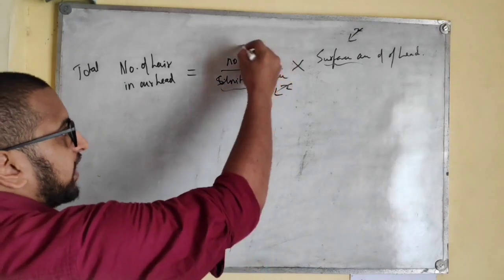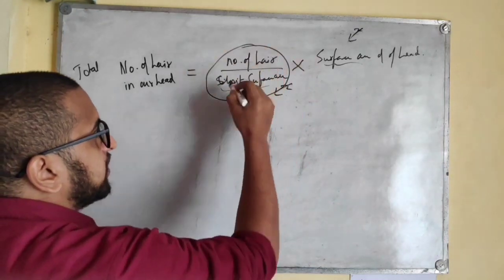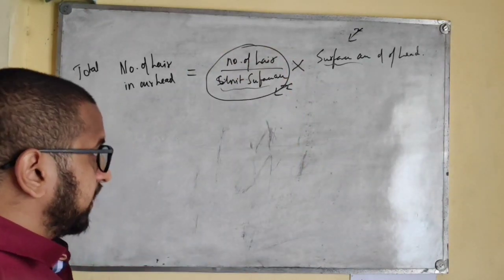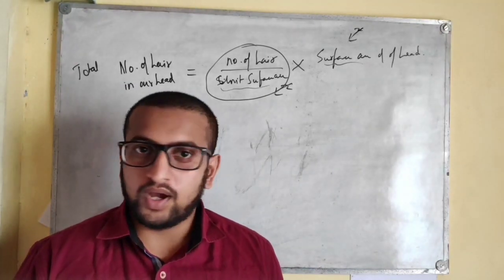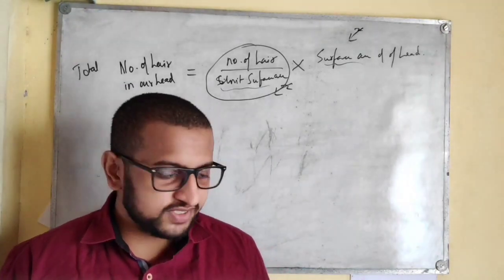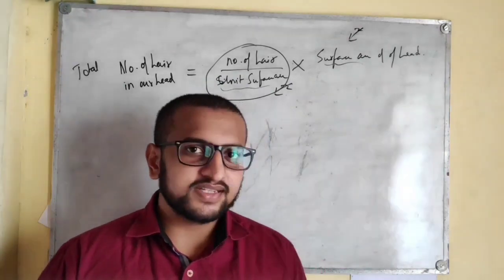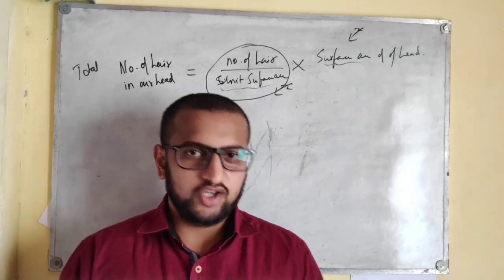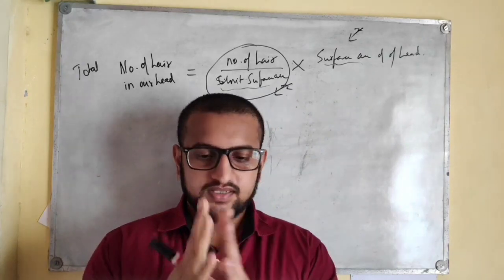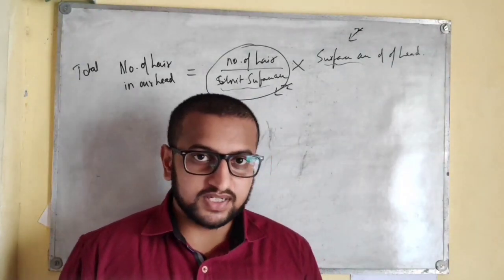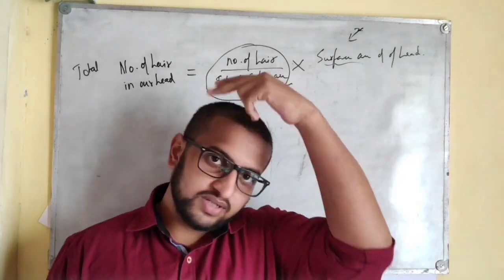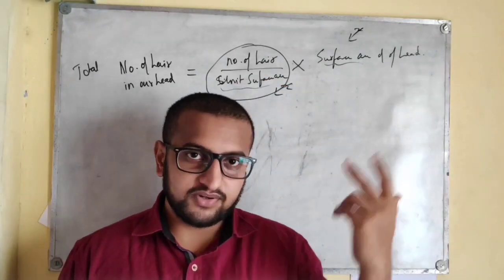So, number of hairs per unit surface area. Okay. Since nature loves symmetry, why does nature love symmetry? Because our nature is designed everything symmetrical, almost everything. Like the human body is symmetrical. See, it's symmetrical. So I am going to believe that the hair distribution around my head is going to be symmetrical.